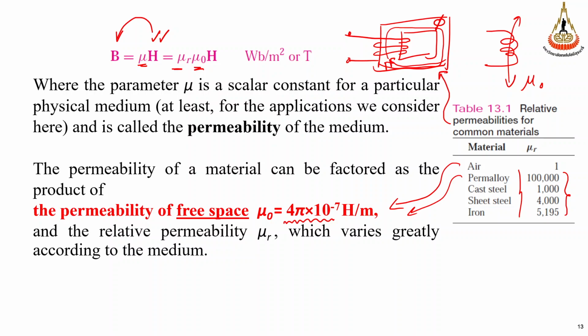H depends on the current flow and the number of turns. So with a high permeability material, we can increase the flux density.